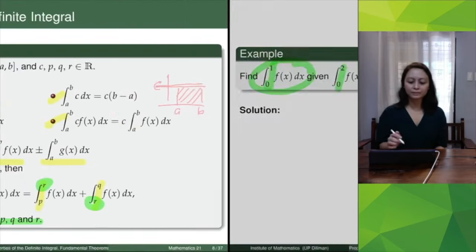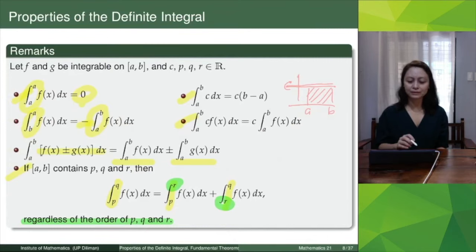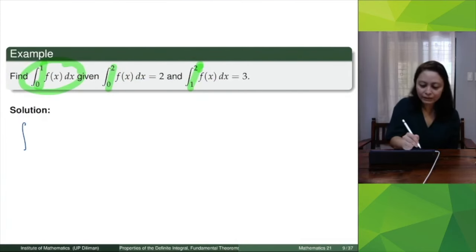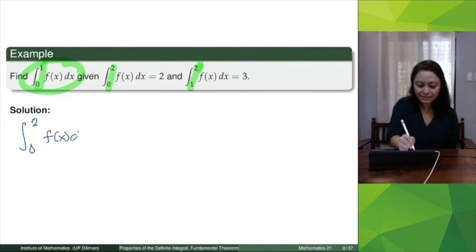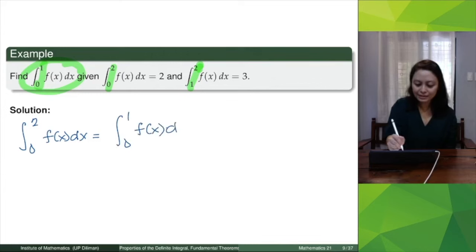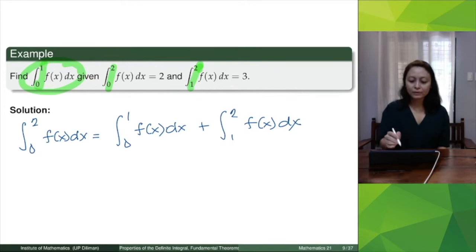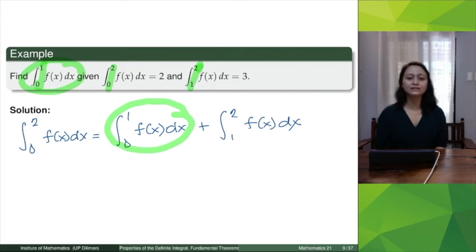From the property, actually from the last property that we have discussed, what can we say? The integral from 0 to 2 of f of x dx can be written as the integral from 0 to 1 of f of x dx plus the integral from 1 to 2 of f of x dx. Okay, and we want to find the value of this definite integral.